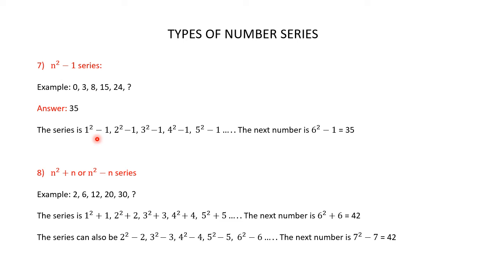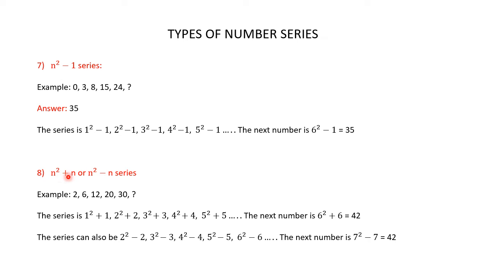That is 1 squared minus 1 is 0, 2 squared minus 1 is 3, 3 squared minus 1 is 8, 4 squared minus 1 is 15, 5 squared minus 1 is 24. So the next number is 6 squared minus 1, which is 35. So the answer is 35, and this series is an example of n squared minus 1 series.